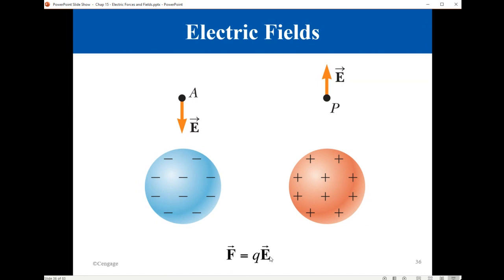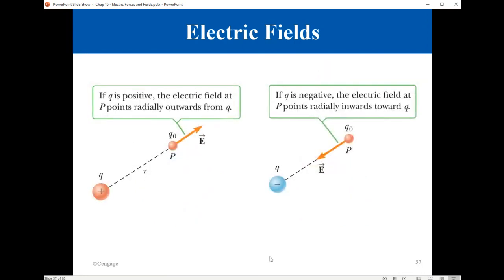Simply, it is Q multiplied by E. So now, if the source charge is positive, then the field is going outward, and the force acting on this charge is Q naught E. If the source charge is negative, the field is inward like this, and when you have this charge, the force on this charge will be Q naught E, and it is directed inward along this line.